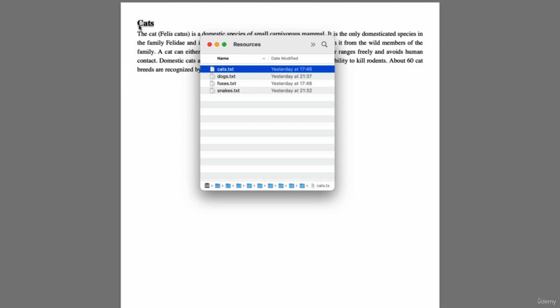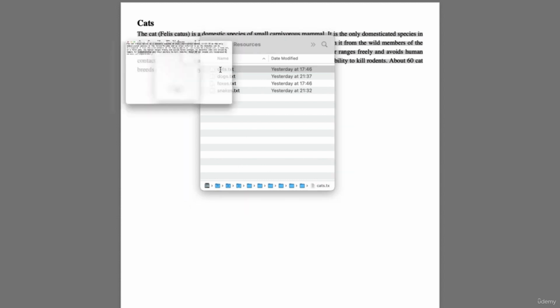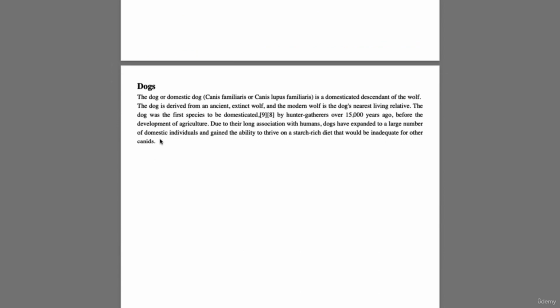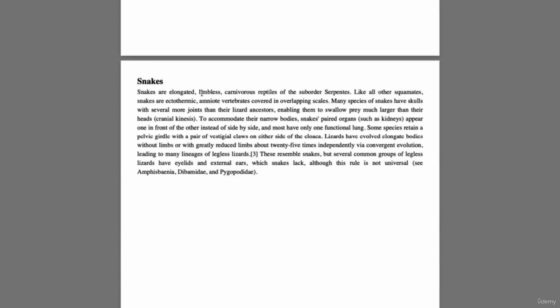And then in here should be the text that is contained inside that cats.txt file. The same goes for the other pages of the document. So it's one PDF file with multiple pages. Here we have dogs, and then we have foxes, and then we have snakes.